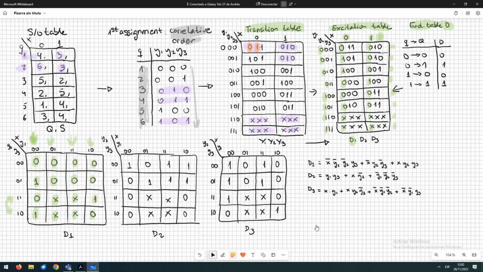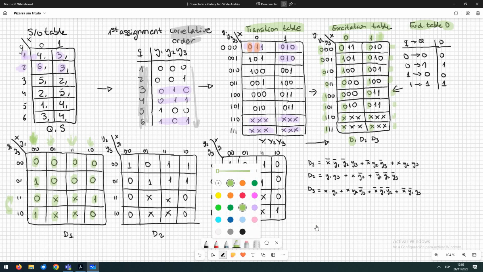And now we repeat the same steps, but using for D2 the values here and so on, and for the value D3 using the third value that we have in the cells. So once we have all the Karnaugh maps, we are going to minimize the function.